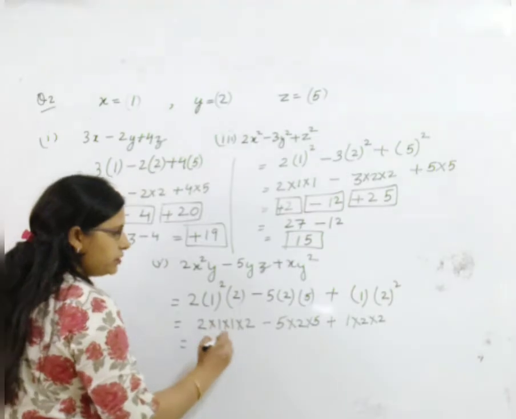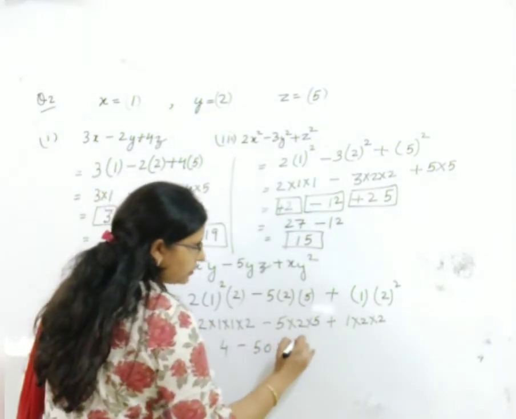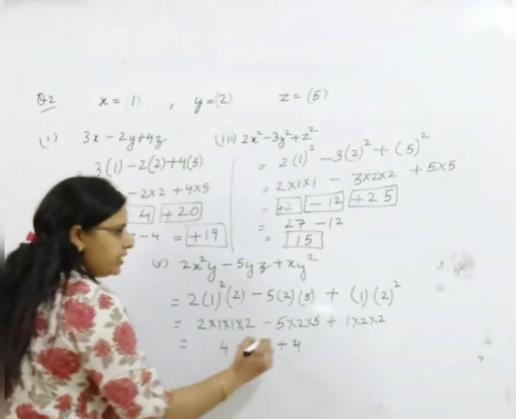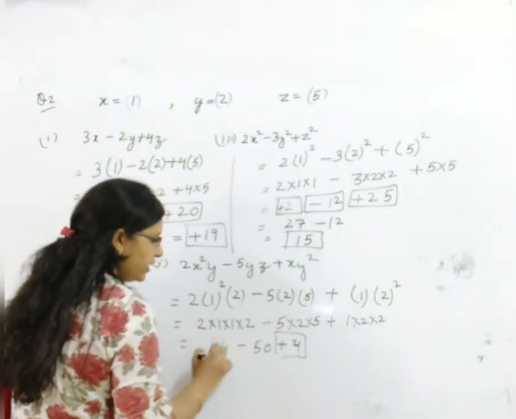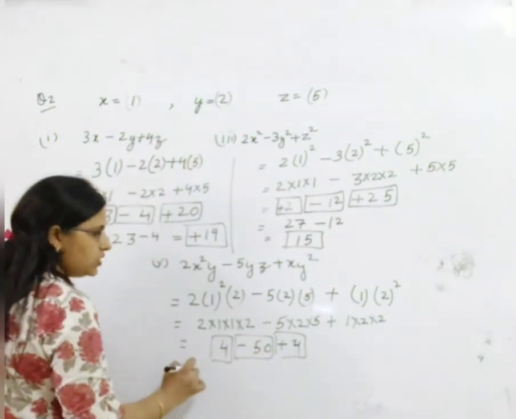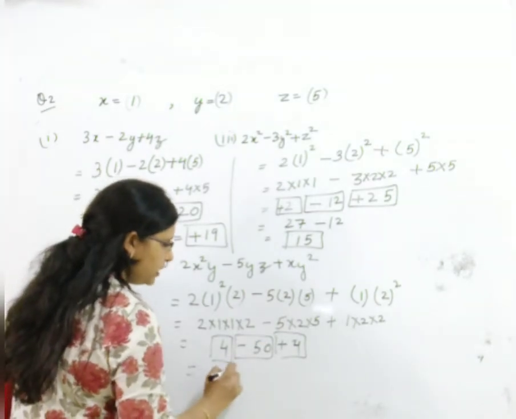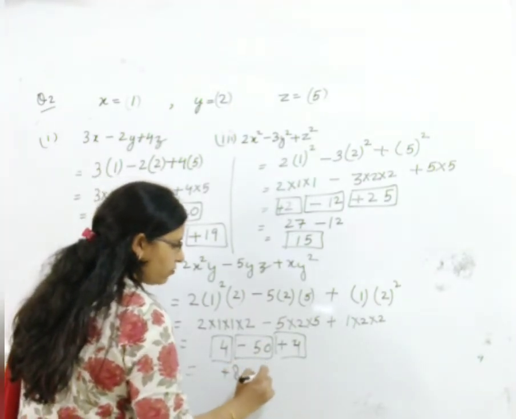So what does it become? 4 minus 50 plus 4. This one has a positive sign, this one has a positive sign, and this one has a negative sign. So positive, positive, plus 4 becomes plus 8, minus 50.